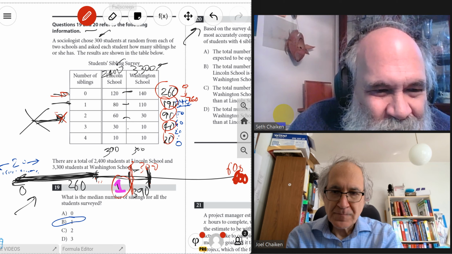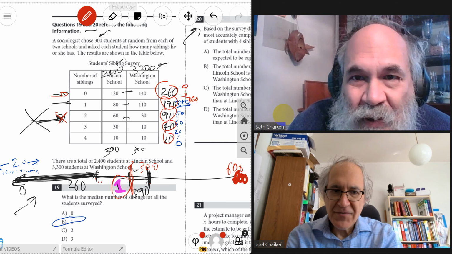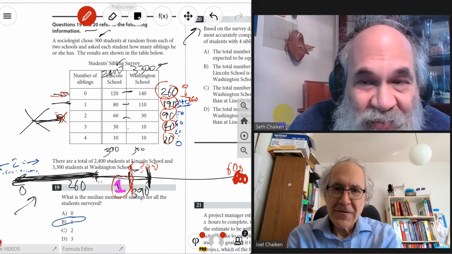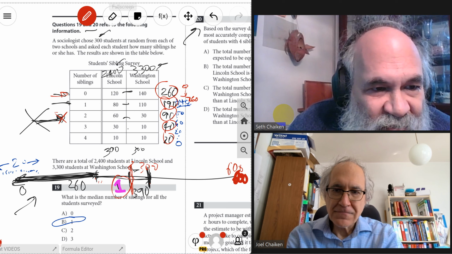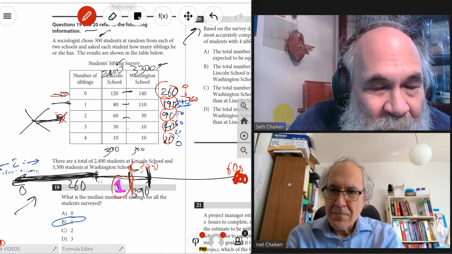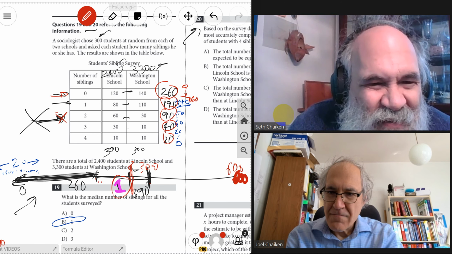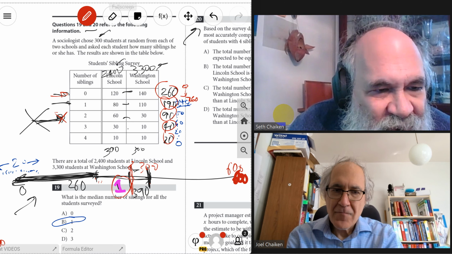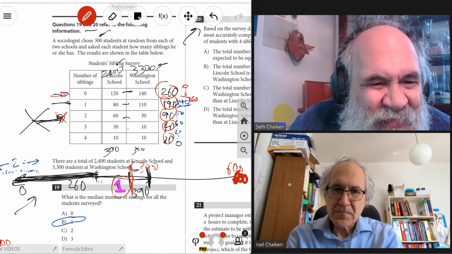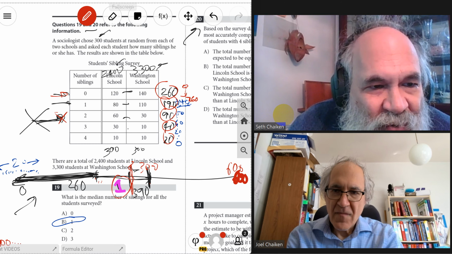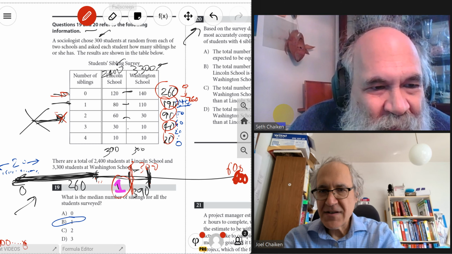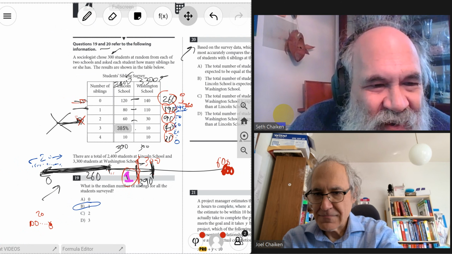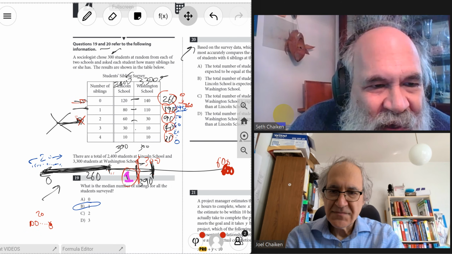So I'm going to put a 0 right here for the number of siblings that the first student in the line has. Put another 0 for the second student. And then I'm going to imagine 20 students.